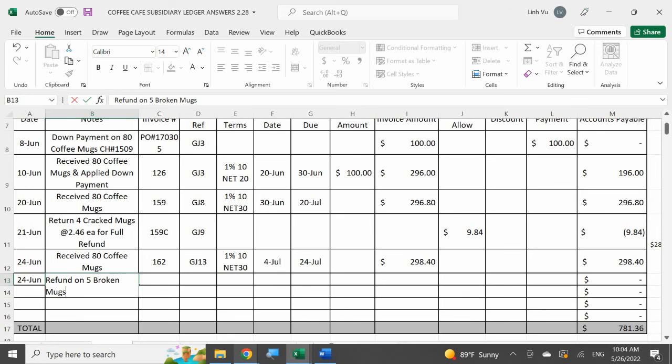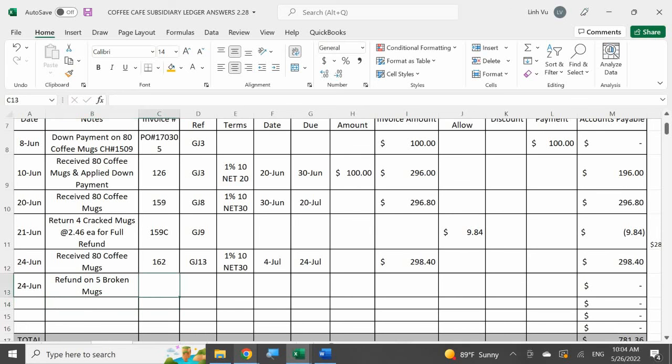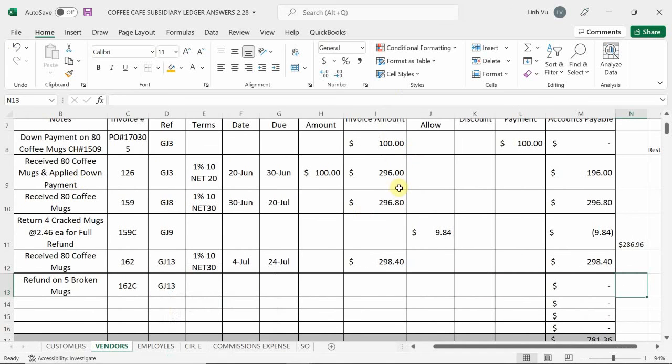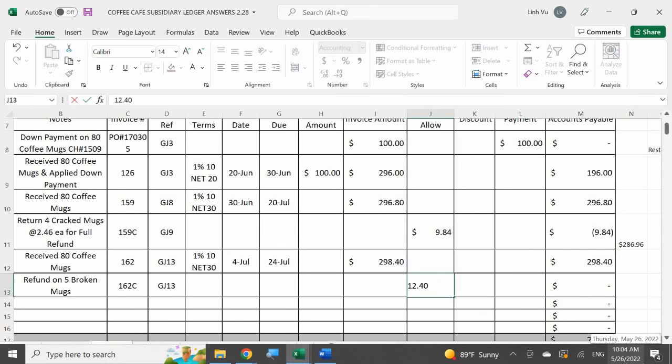Okay, and this is for 162C, right? So it's this invoice. Okay, and I have to fill out the purchase returns column for $12.40.